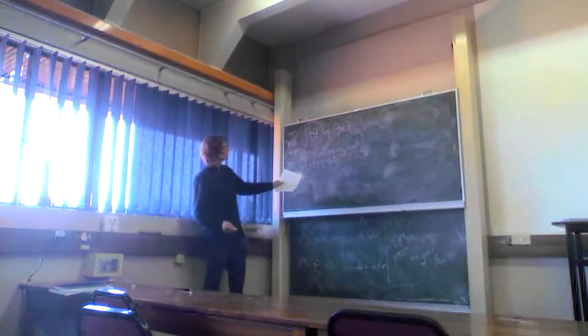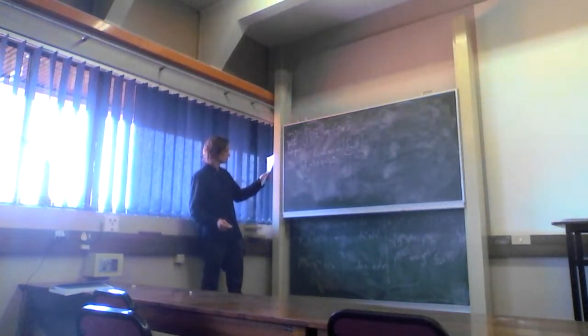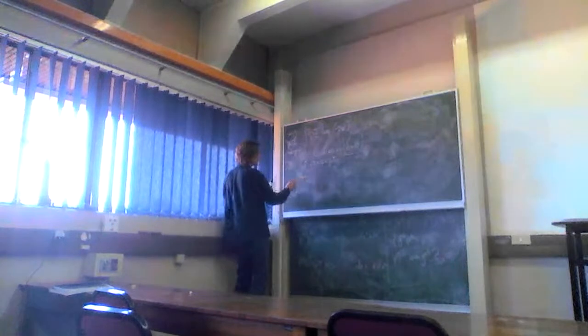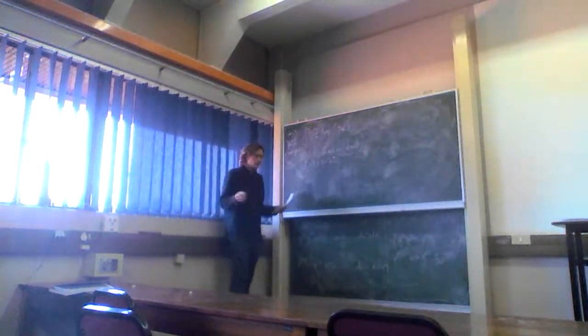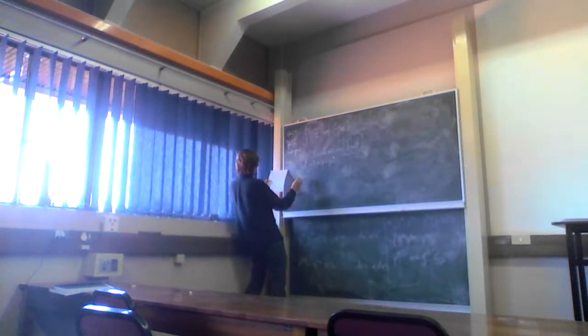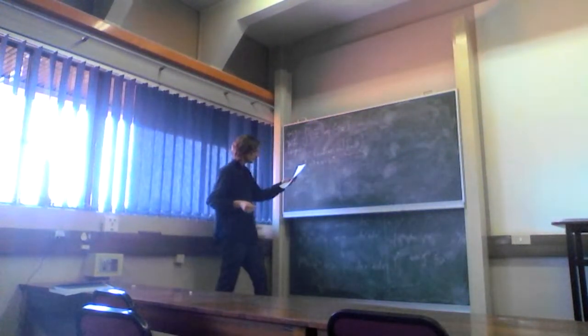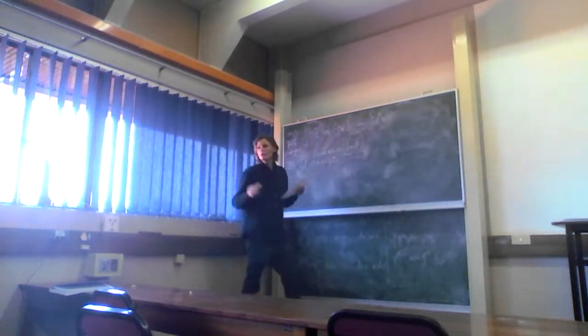So the claim is that we localize on these configurations and the quadratic fluctuations around this. And as in the second computation we saw yesterday, we can express the path integral in this way. So the functional integral reduces to an ordinary integral over zero modes coordinates.